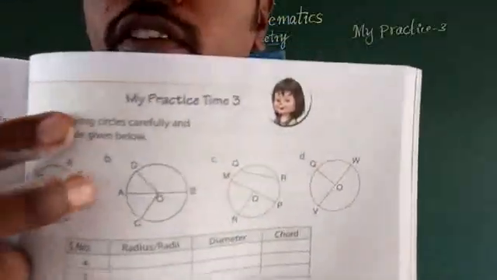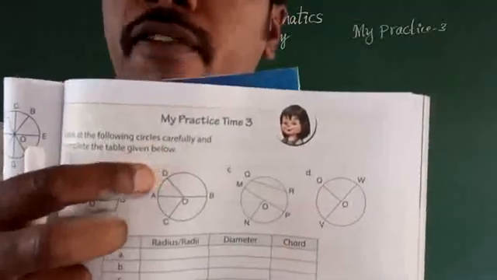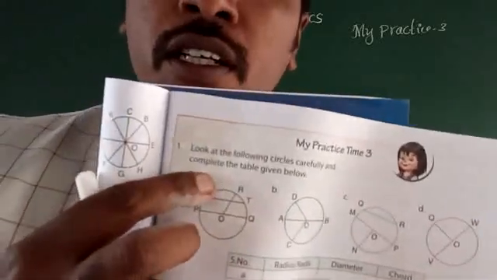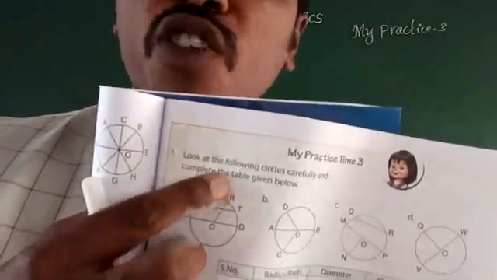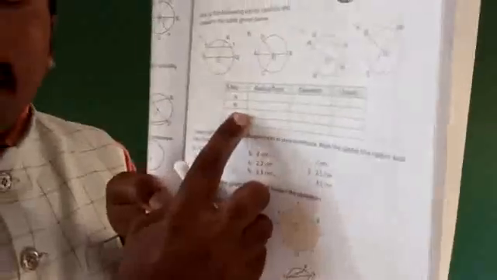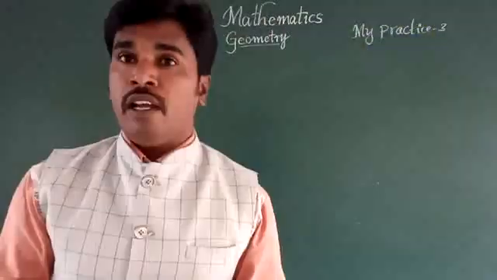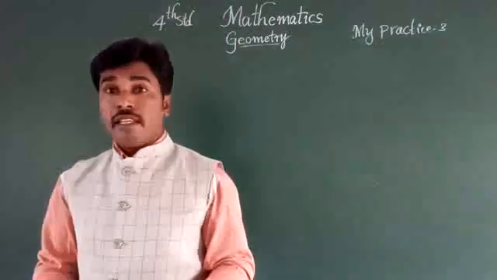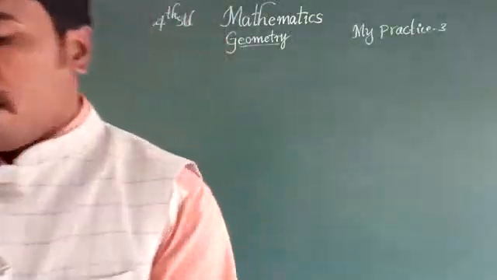Look at the following figures, circles carefully, and complete the table given below. They have given the table here. You need to complete this one. Afterwards, proceed to the second part, how to draw the circles.